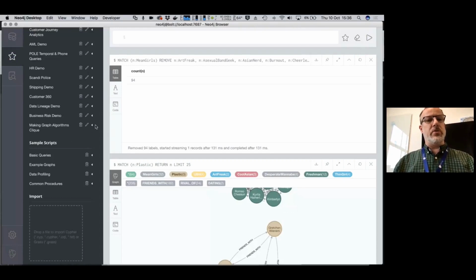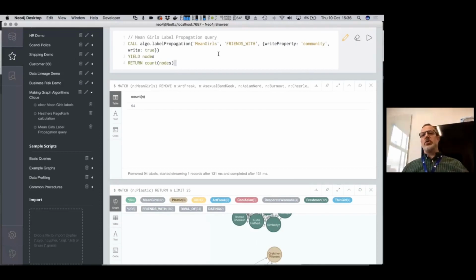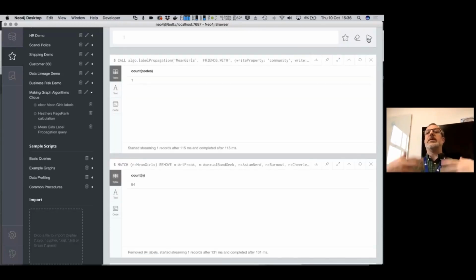What we're going to do is call label propagation. Really straightforward. We're using Mean Girls nodes, the friends with relationship, and we're writing back to a property on these nodes called community. What that will do is start pushing labels through the graph.